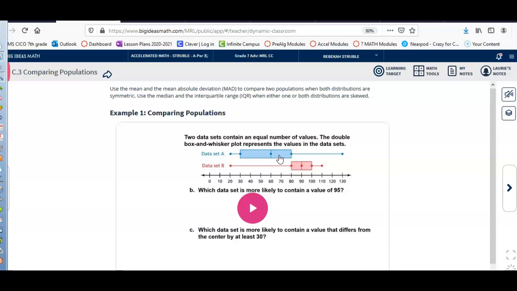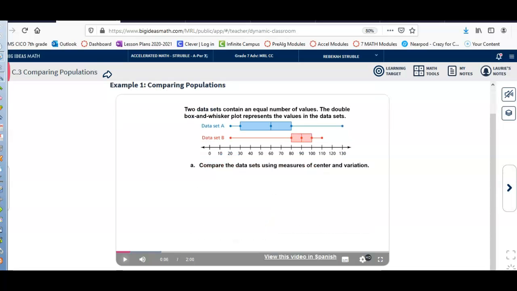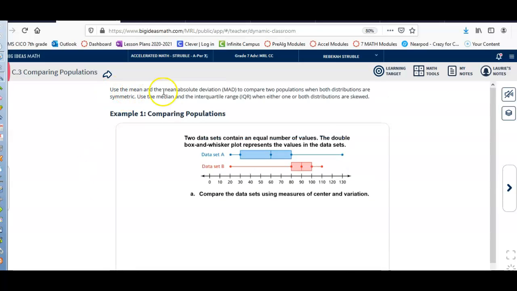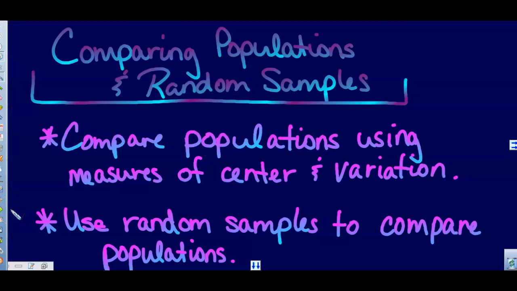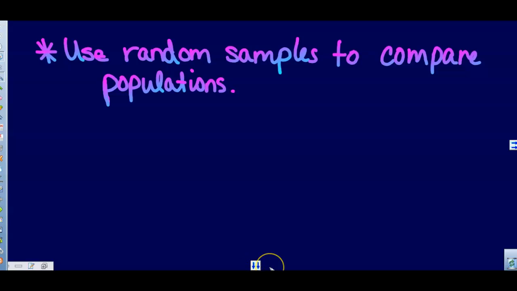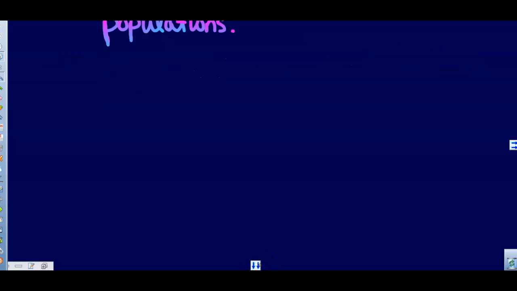That information is also in there. Okay, so obviously this top information is very important. We need to know when to utilize each measure of center or measure of variation.